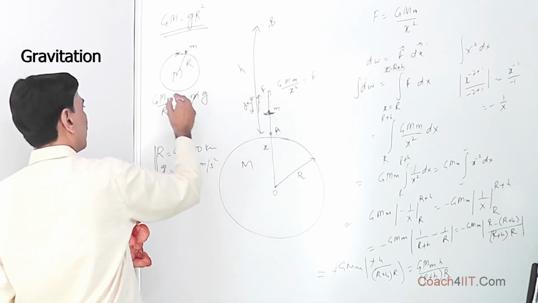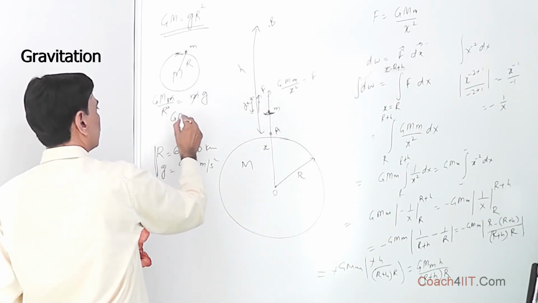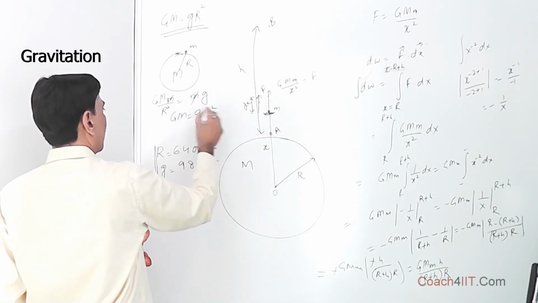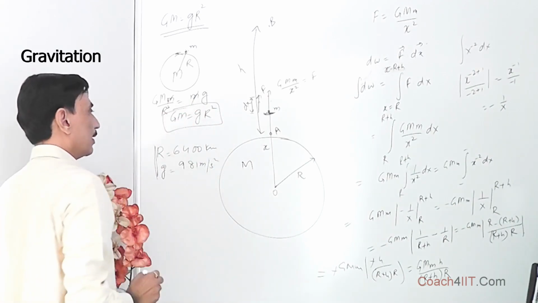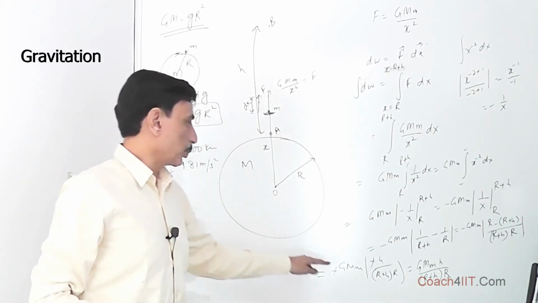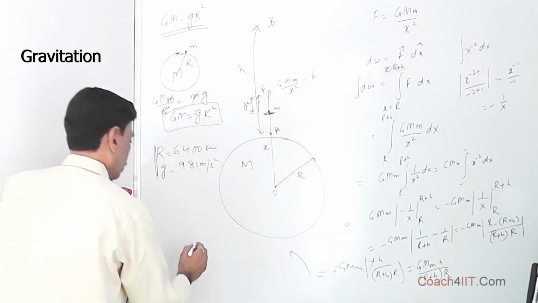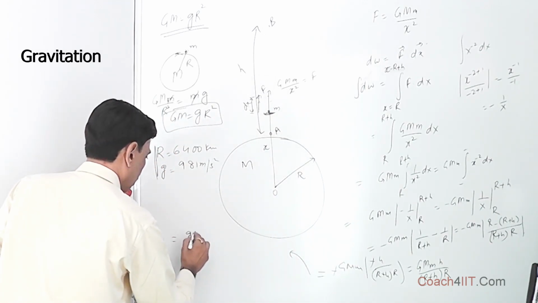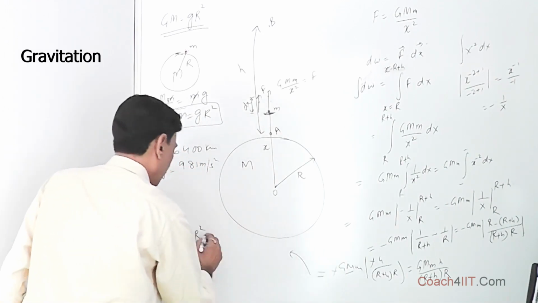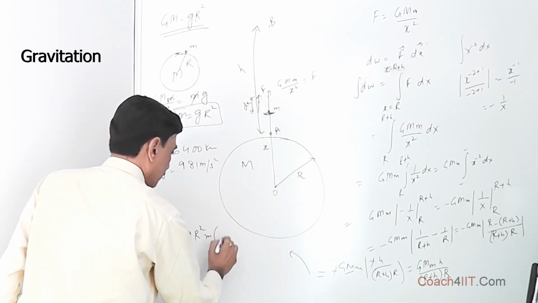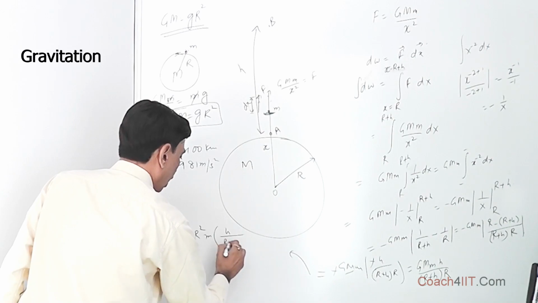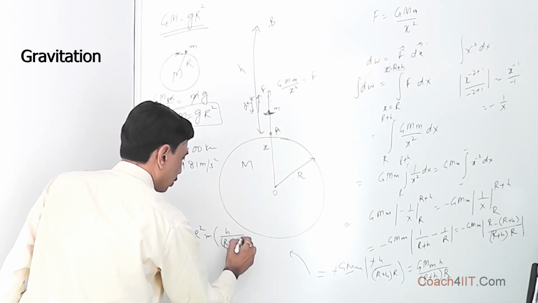The m gets cancelled, so GM is equal to gR square, an important substitution we shall be using time and again. So we use the same substitution here. When we put GM as gR square, this comes out to be gR square m into h over (r plus h) into r.